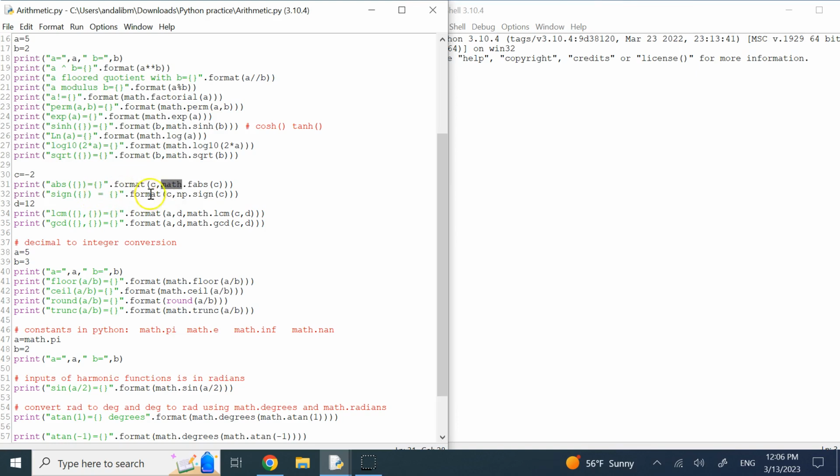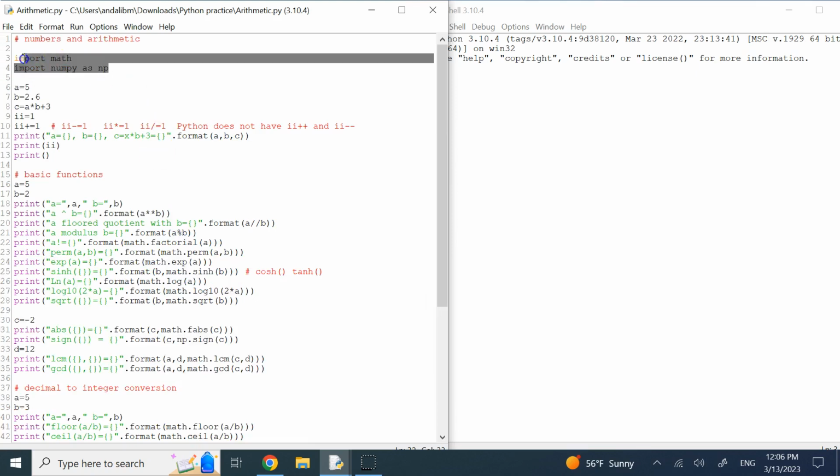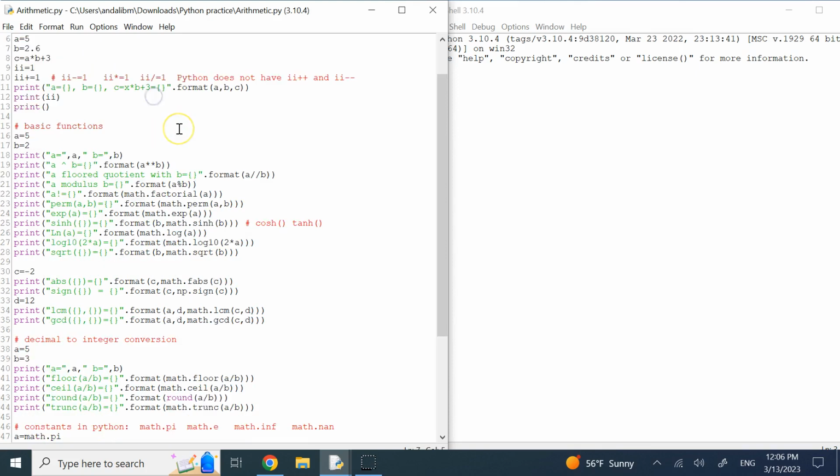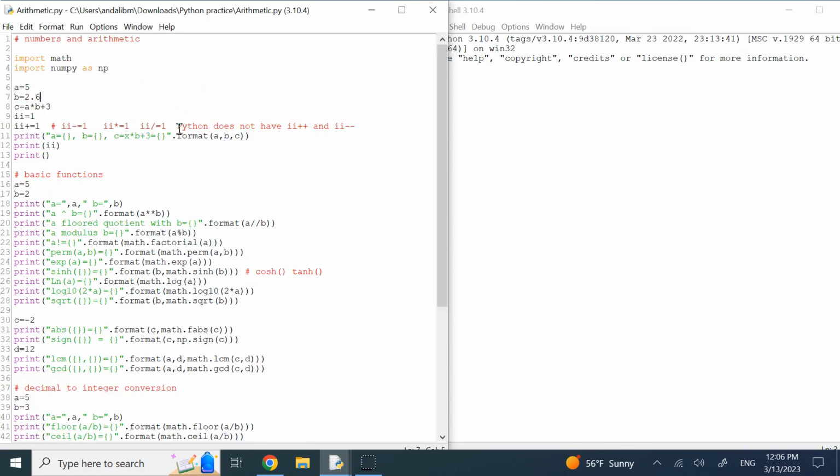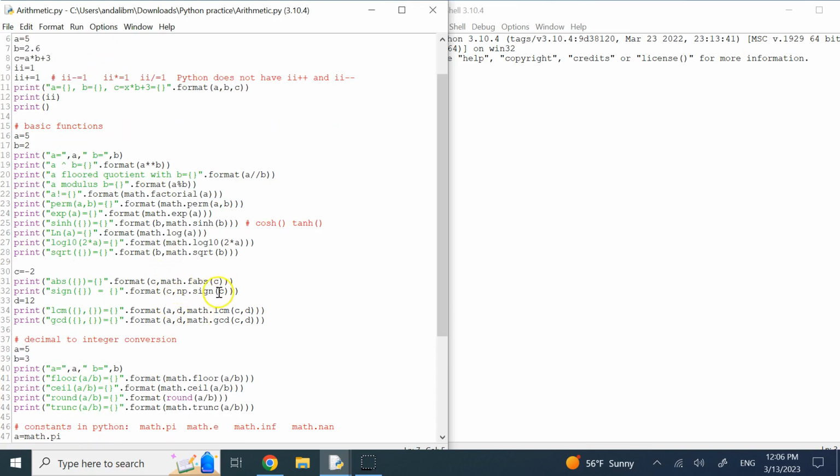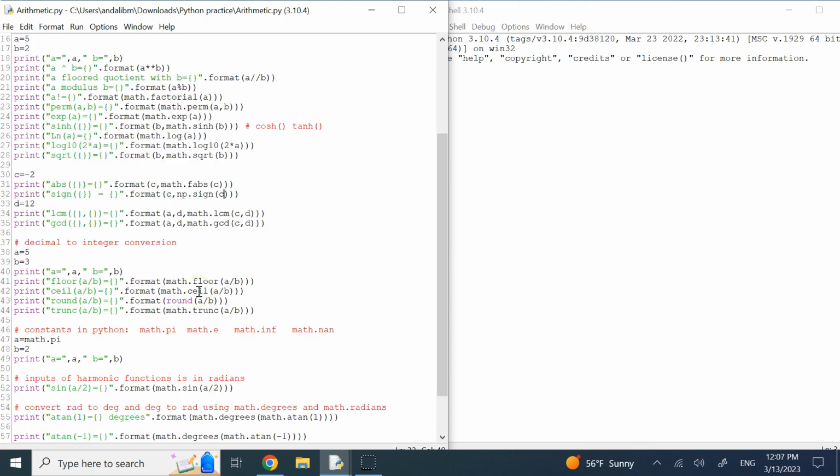If you want to use the sign function, you have to use NumPy. So here I have imported numpy and renamed it to np. We have lectures on NumPy, but just wanted to let you know, if you want to use the sign function, you have to use np.sign, and that gives you what you want.